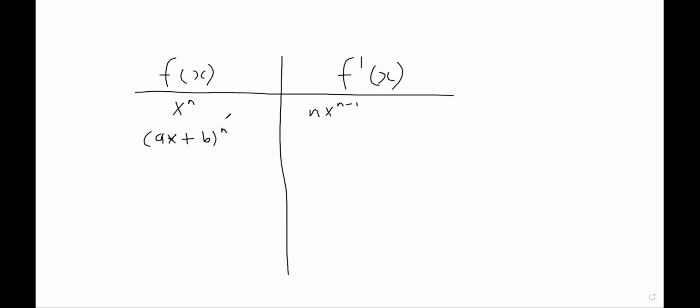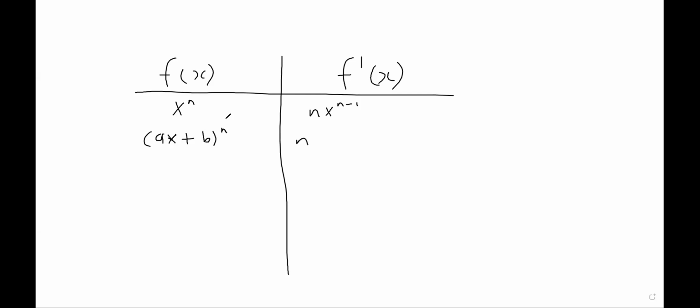And we see this looks very similar to the question that we just did, right? And to do this is relatively similar to what we did above, right? So we carry down the power, minus 1 from the power, but we don't stop there. We also find the differential of what's in the bracket, right?